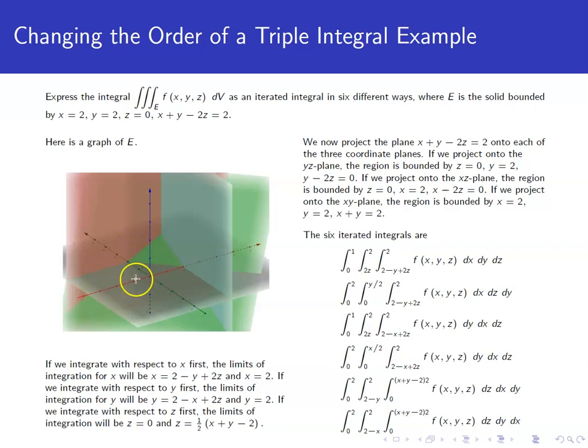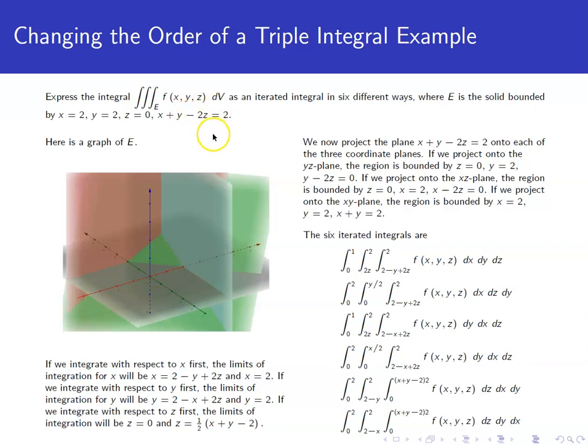We would have z equals 0, x equals 2, and then the equation of this line, which would be x minus 2z equals 0. Again, you can see that pretty easily just by plugging in 0 for the appropriate variable to get the equation of the line. Finally, if we project down into the xy plane, we've got y equals 2 and x equals 2 as part of our bounds, and then this line has the equation x plus y equals 2, again plugging in 0 for z.